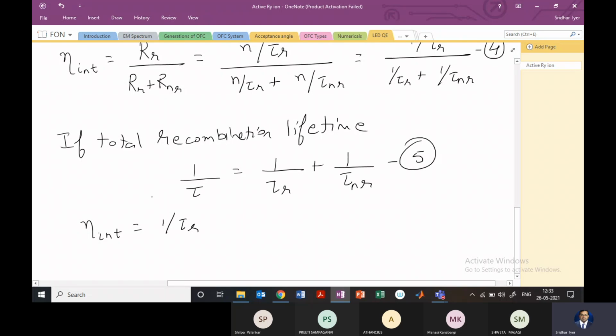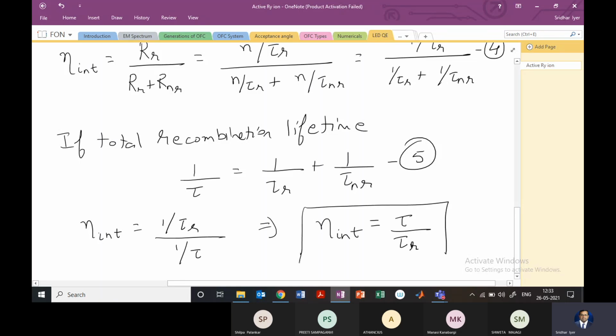So I'll replace the denominator with 1 by tau. Therefore, finally, internal quantum efficiency just becomes tau divided by tau_r. Let us call this equation 6.